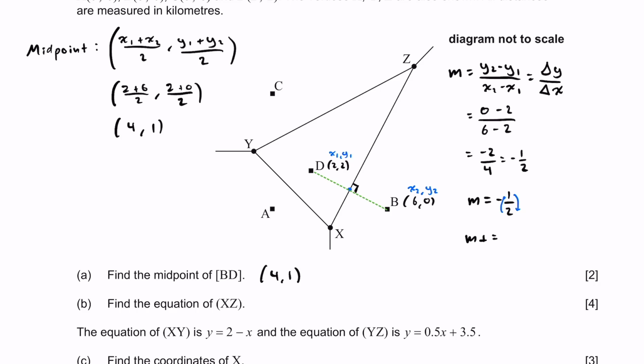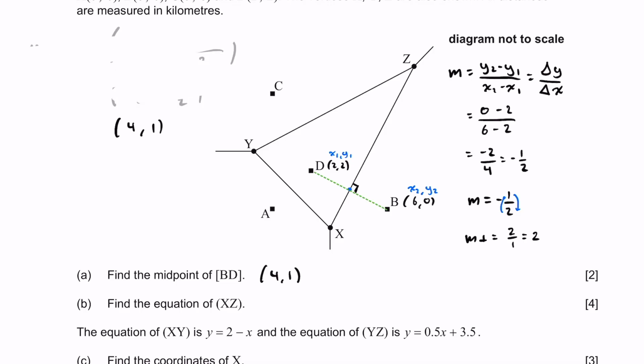So m perp is now 2 over 1. It used to be negative 1/2, and a negative times a negative is positive, so it's just 2. Okay, we've got our slope. I'm going to clean this up, but keep the midpoint. It's important.